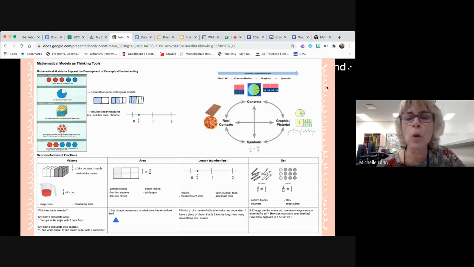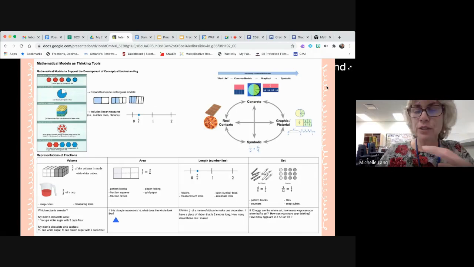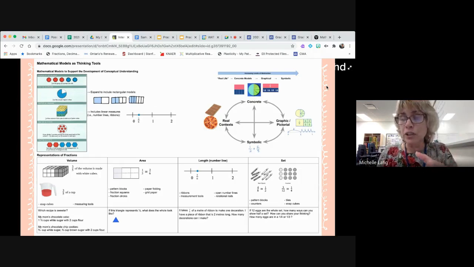When we think about whole numbers and kids in primary, they start with concrete and real life contexts, and they use these models, and then they might start to draw pictures before we get to the symbolic. It's the same thing with fractions, except when they're developing that fractional understanding in the junior grades mostly, sometimes they're not revisiting these different ways of thinking and representing fractions.